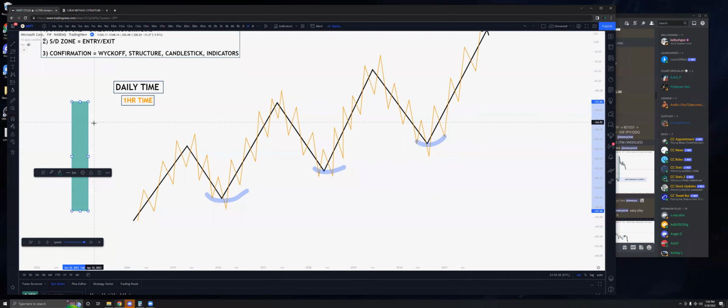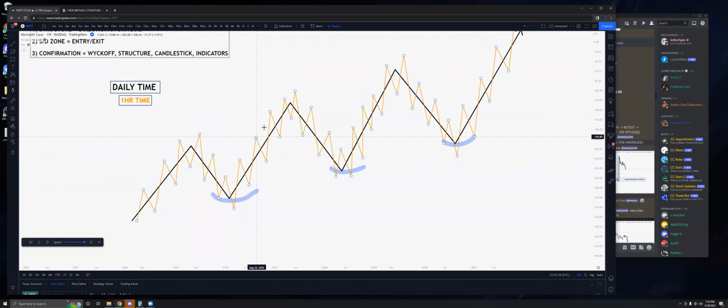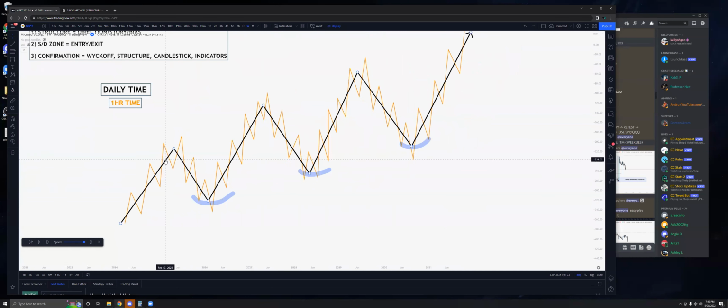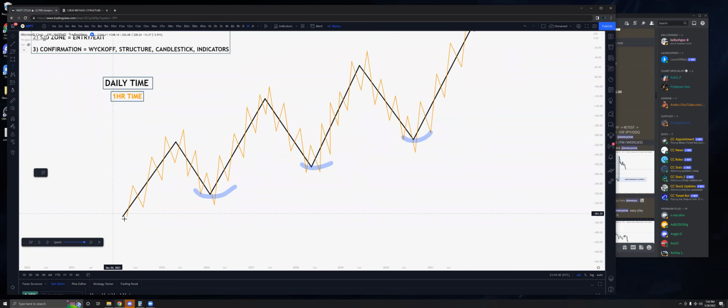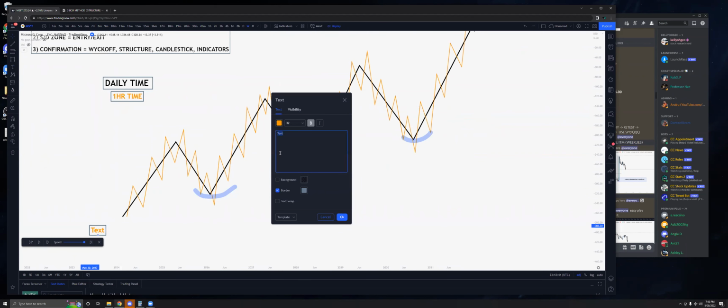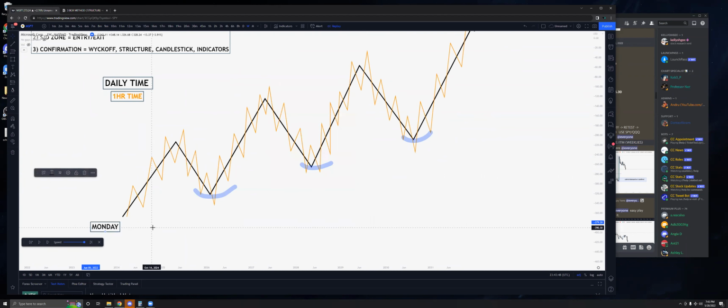Okay, so now with this whole uptrend, remember how many days it's going to take for it to come right back up, come right back down. Like I said, this is just waves, and we want to participate in the given movement. So now on this 1 hour, we see what? Let's just say that from this point, it's Monday to Friday.